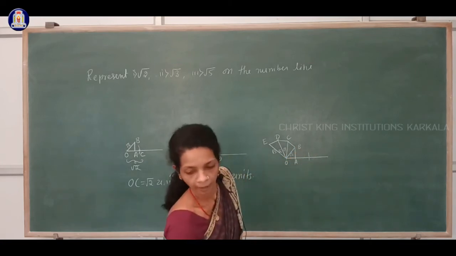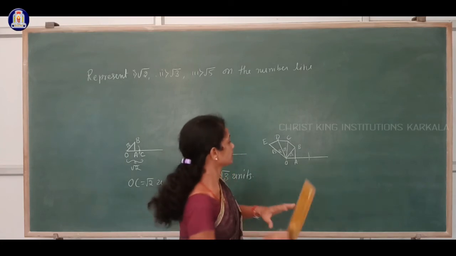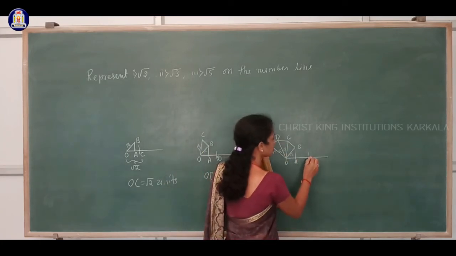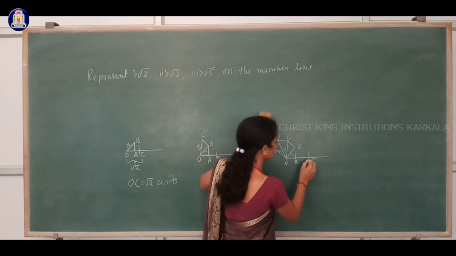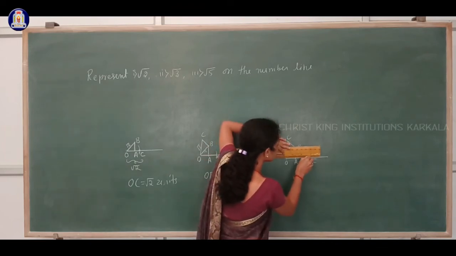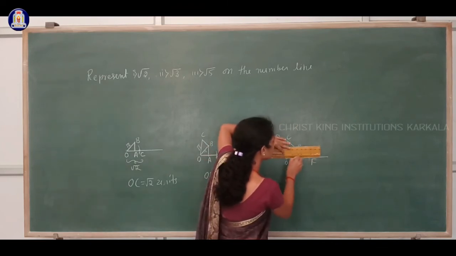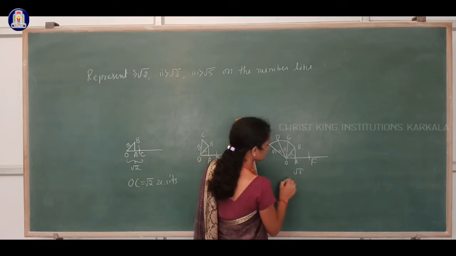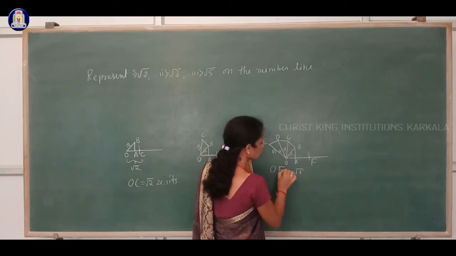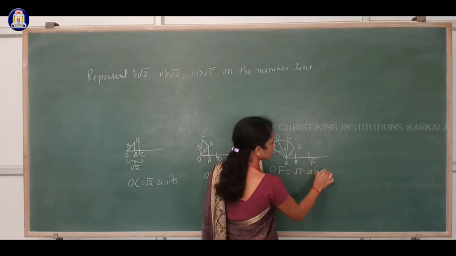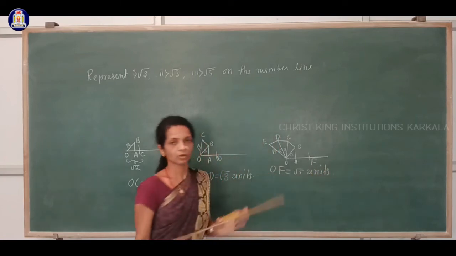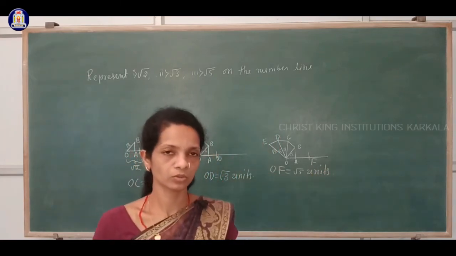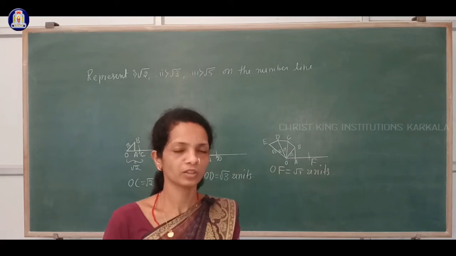That arc and line will intersect at one point. That point you take as F. Now this OF length is how much? That is root 5. Okay. So this is OF length, root 5 units. Like this you have to represent root 3, root 2, root 5 on the number line.